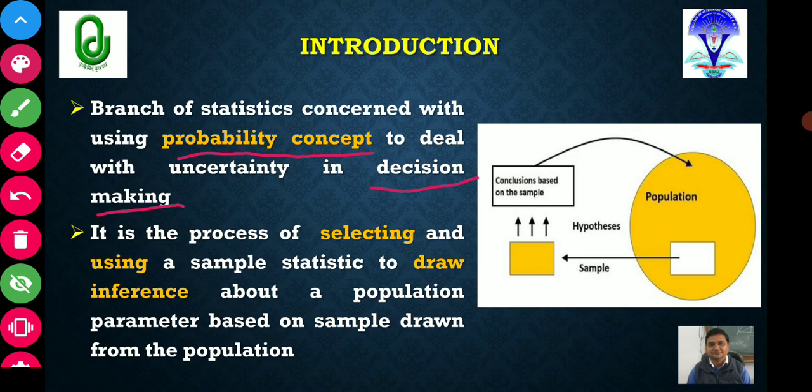It is a process of selecting and using sample statistics to draw inference about the population parameter based on the sample drawn from the population.